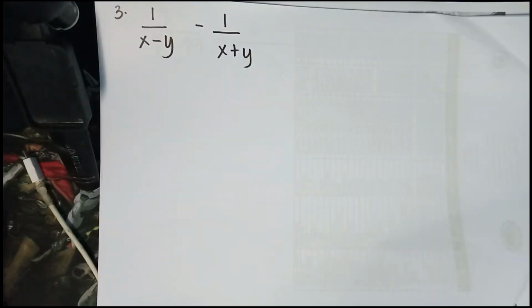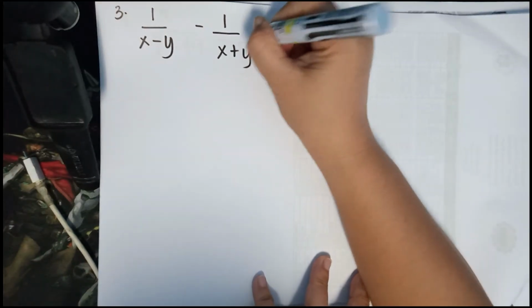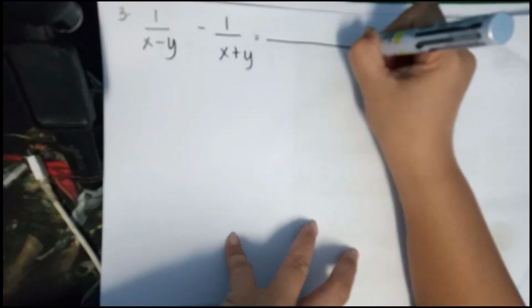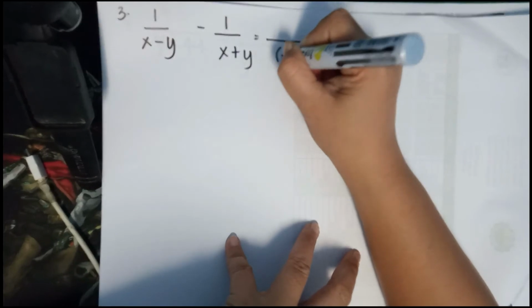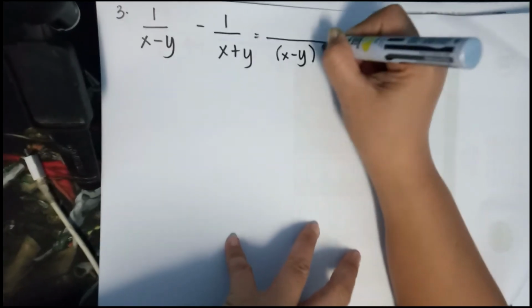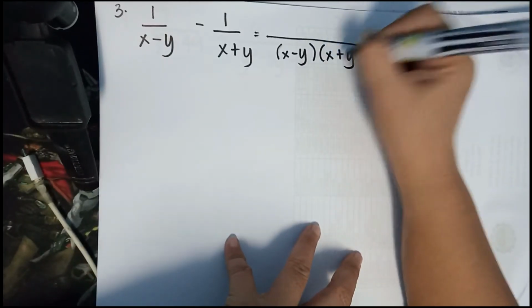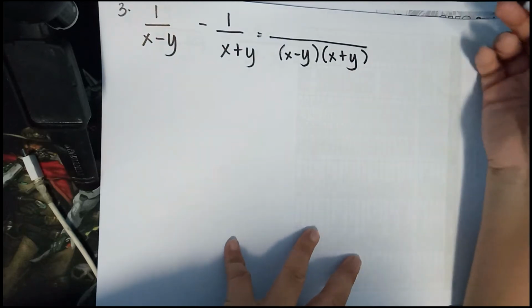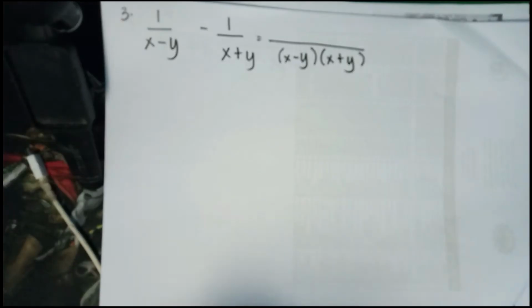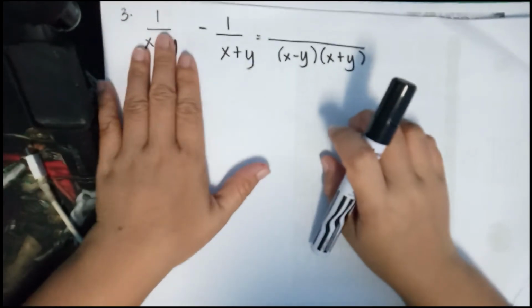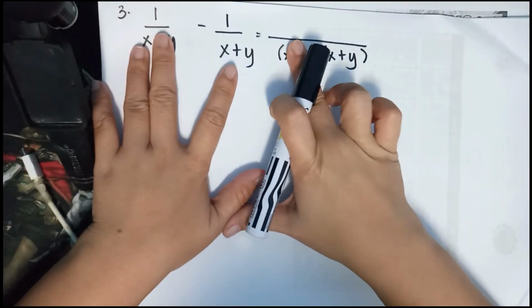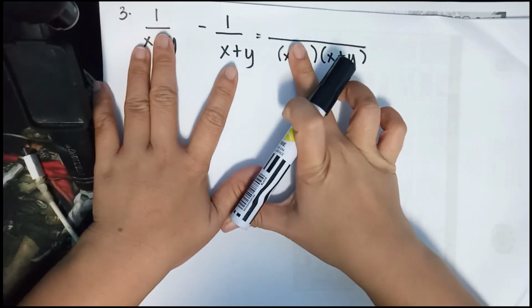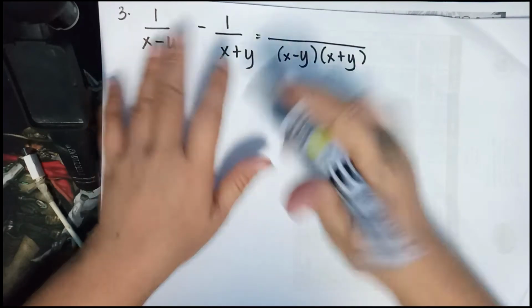Example 3. 1 over x minus y minus 1 over x plus y. Since they have different denominators, copy the denominators, x minus y and x plus y. Next, we will apply the technique. For x minus y, the remaining term is x plus y.